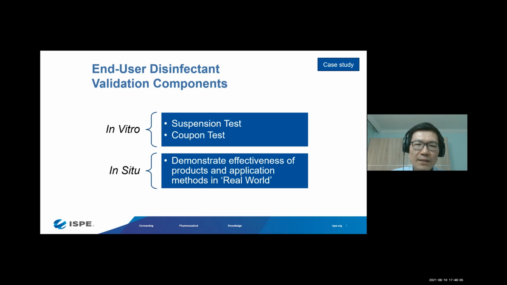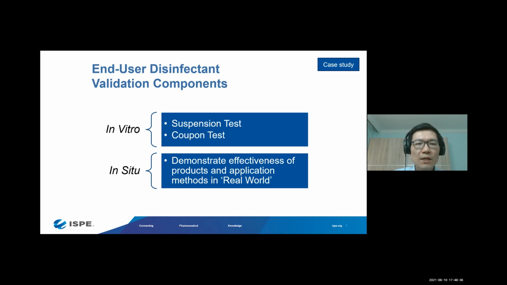The coupon test is more representative in the sense that it involves the use of the cleanroom substrates and also the environmental isolates as far as possible in the testing process. This will simulate the actual cleanroom conditions as closely as possible, so it is a more representative test to see the efficacy of the disinfectants.